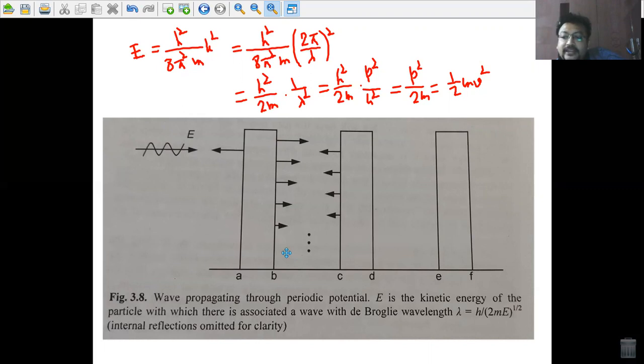This is what we mean by a disallowed band of energy. For other energies, there will be no net attenuation and the wave will propagate. This is what we mean by an allowed band of energy. The Kronig Penney model calculations were just a way of expressing these qualitative ideas in precise quantum mechanical form.